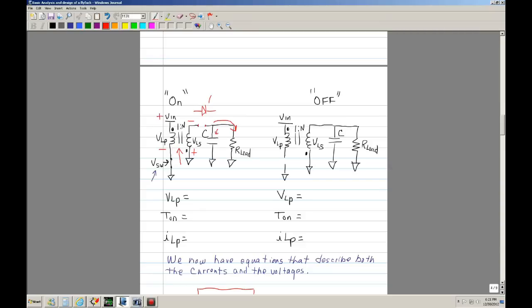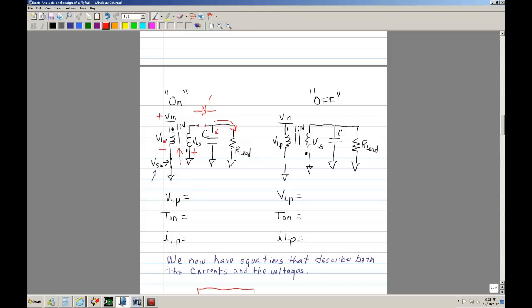Now once we have this schematic, it's very easy to write the equations. So just by inspection, you know that the voltage of the primary, Lp, is going to be actually Vin minus 0.